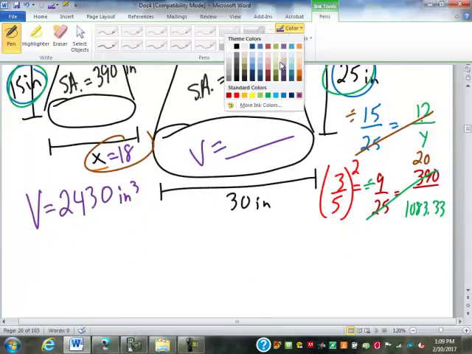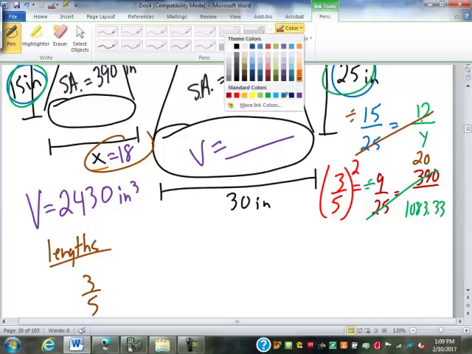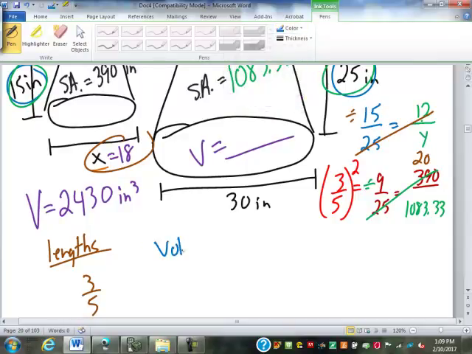Well, we haven't done this yet, so let's talk through it together. We've still got our ratio of lengths. It's 3 to 5. Now, just speculating, what do you think the ratio of volumes is going to be from that?